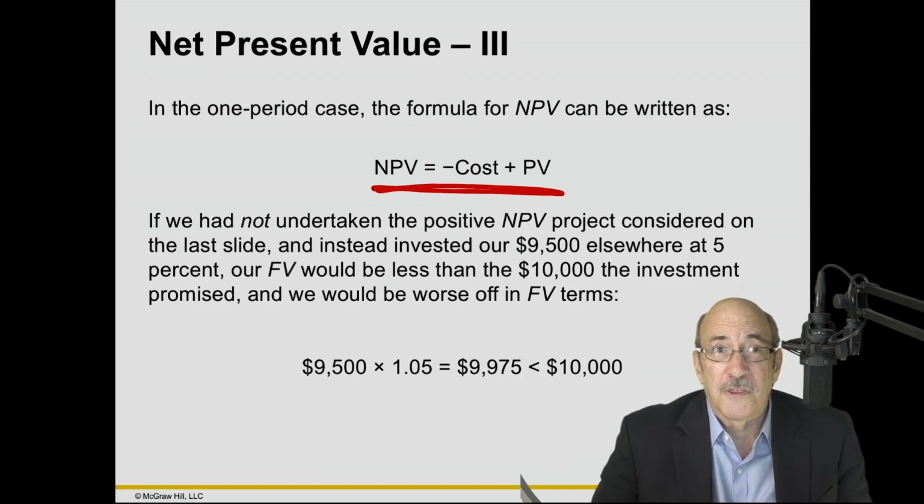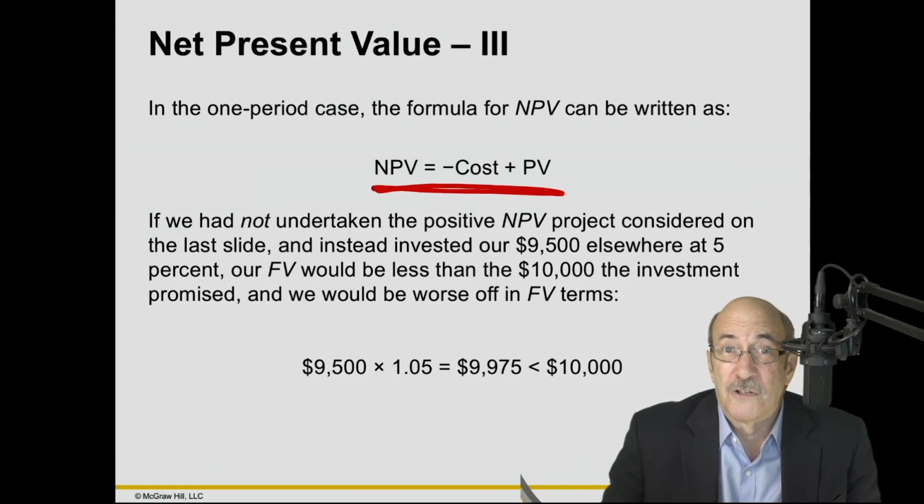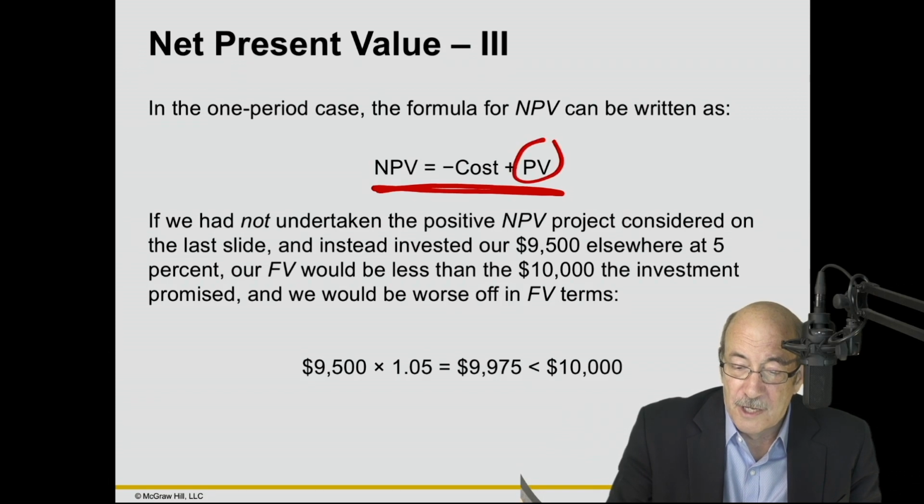Usually we look at that as occurring at time 0, so that doesn't have to be discounted. But sometimes if we have additional expenses further out in time, we still have to deal with that, but we can net that out from the cash inflows as well. And then we've got the present value of all the future cash flows.